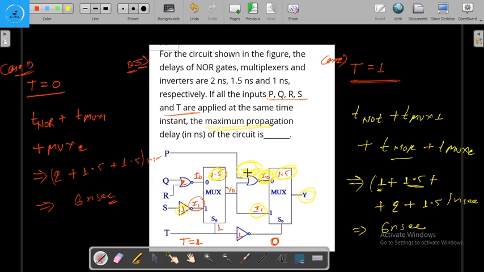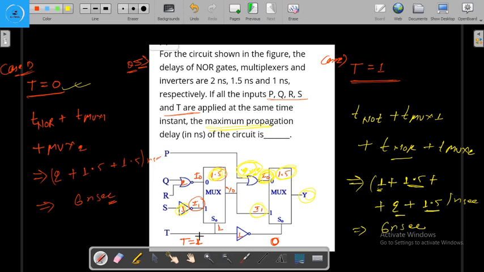Then we are getting the delay of this NOR gate, which is equal to 2 nanosecond, and then the delay of this is 1.5, right? The total is 6 nanosecond.